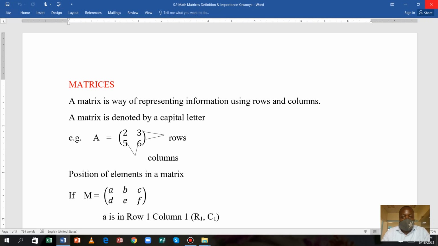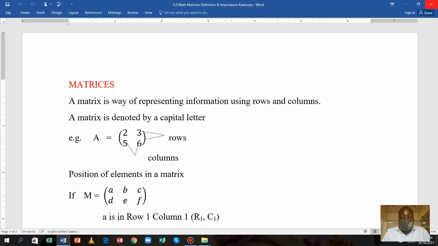Those are called rows. In this example, we have 2, 3, and 5, 6 lines moving in the horizontal direction. When we come to 2, 5, 3, 6, those are in the vertical direction, running from north to south. So those ones are referred to as columns.